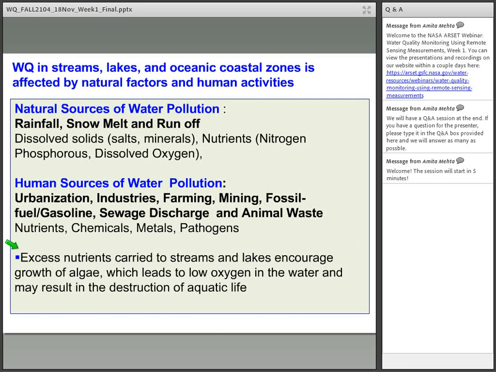An important thing to note here is that excess nutrients carried to streams can result in more algal growth, and can lead to low oxygen because oxygen is used up, and that can be destructive for aquatic life. This is one of the parameters that is effectively measured from remote sensing. So that's why it is highlighted here.